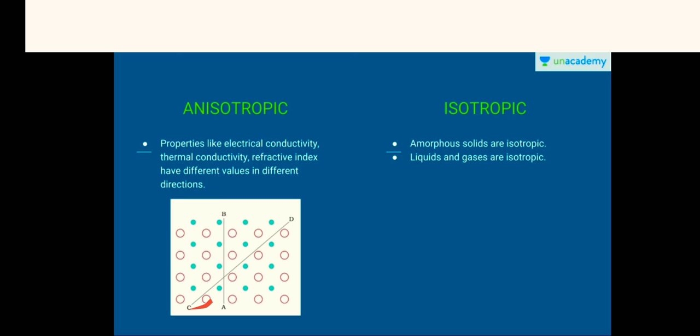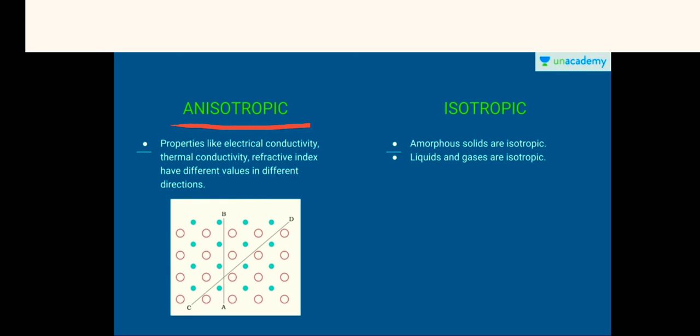If we are calculating any physical property, like the refractive index, from A to B, it is going to be different than if we are traveling from C to D. Such substances which have different properties in different directions are said to be anisotropic. So all crystalline substances are going to be anisotropic.